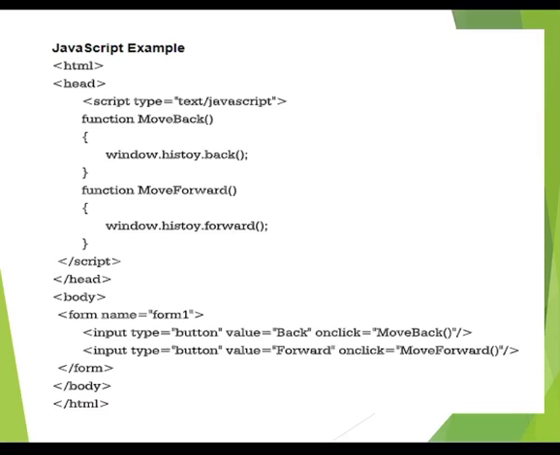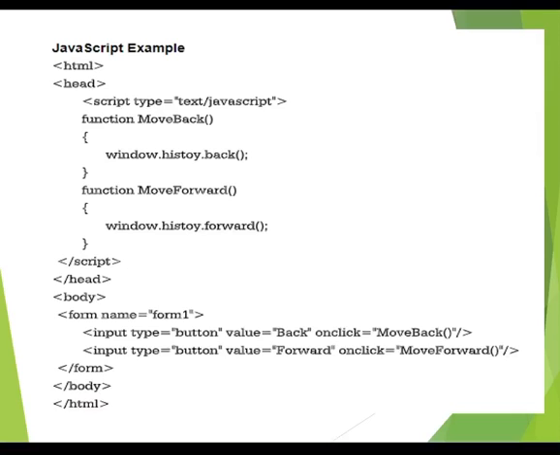This function will help you to move to the previous page, okay. Function moveForward, this function will help you to move one page forward in the URL history. So window.history.forward, open and close bracket and give semicolon.